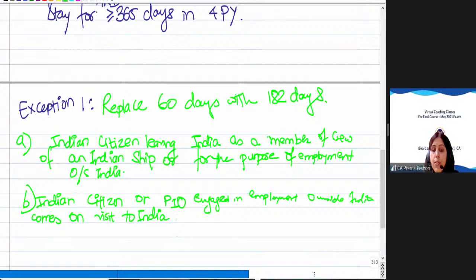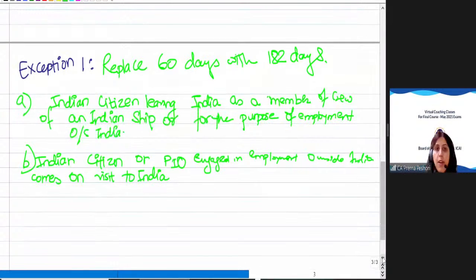Now, what is a person of Indian origin? Where is it defined? Section 6 says you have to refer to the definition of person of Indian origin under section 115C. Who is a person of Indian origin as per 115C?